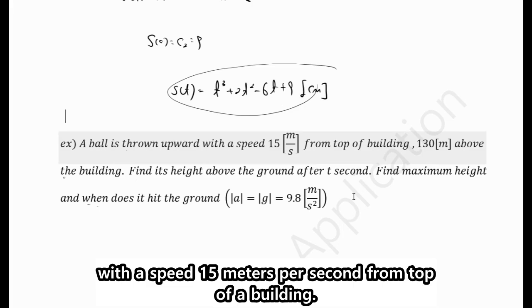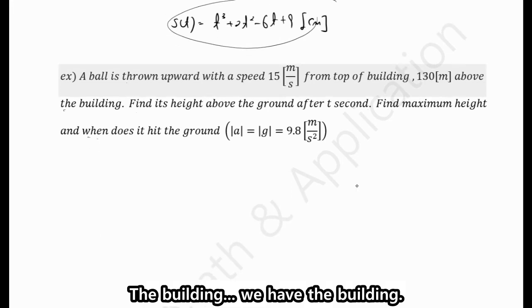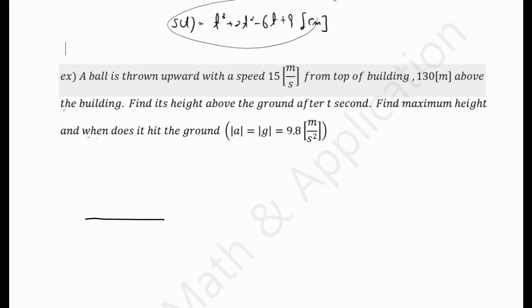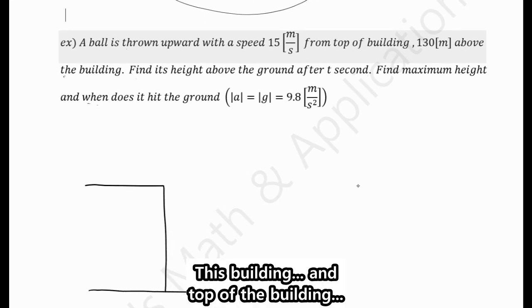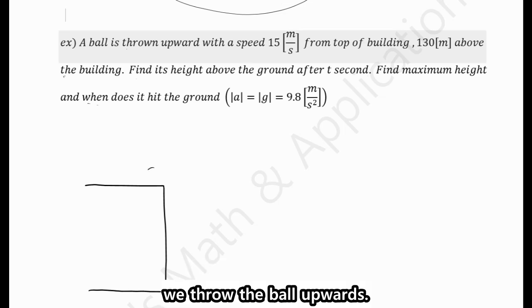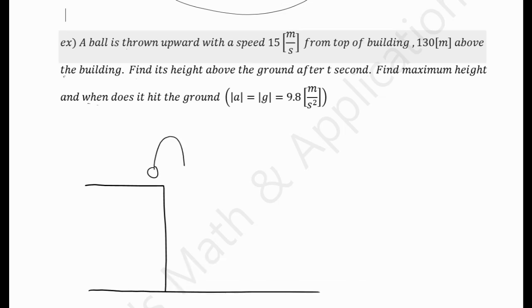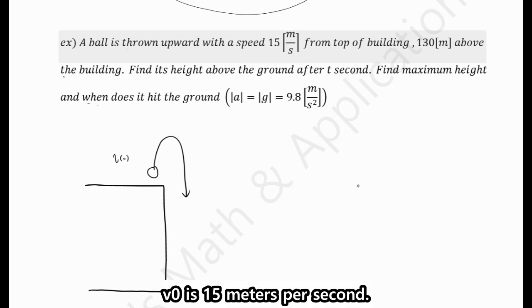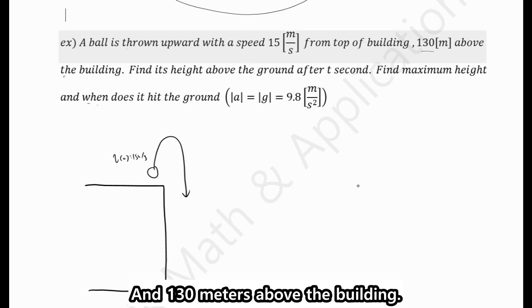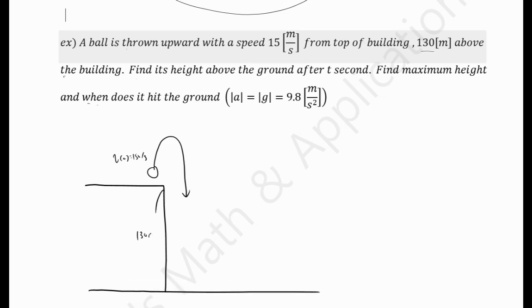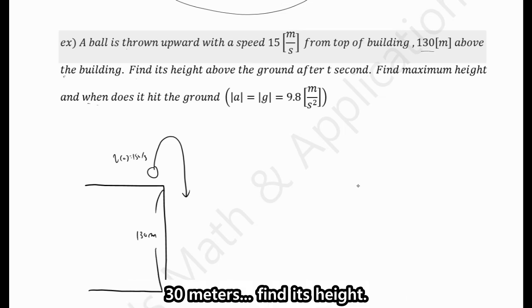The next question is: a ball is thrown upward with a speed of 15 meters per second from the top of a building. We have the building, and from the top of the building we throw the ball upward. So v(0) is 15 meters per second, and the building is 130 meters high.